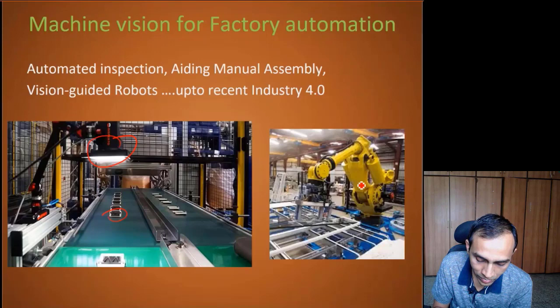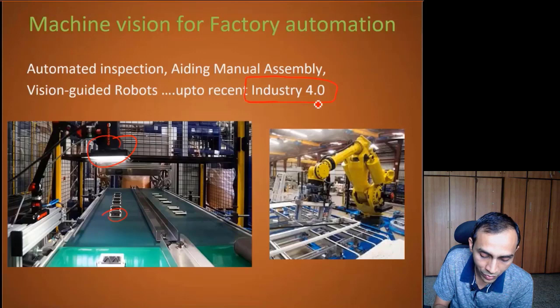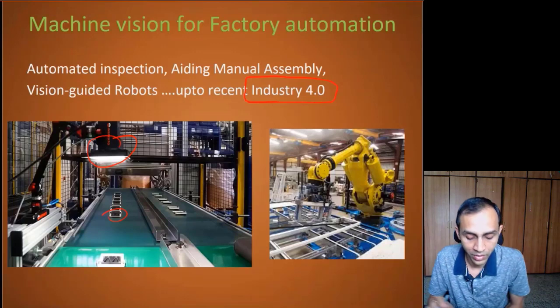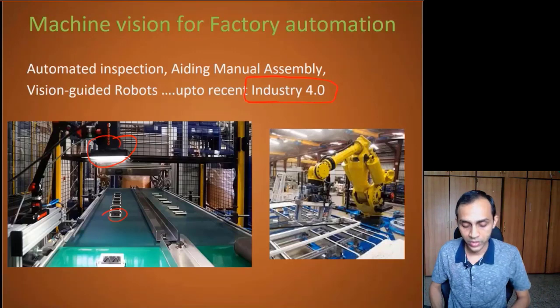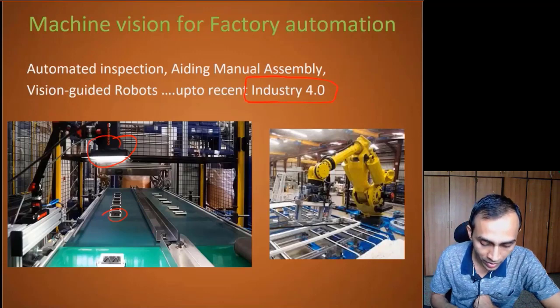And now vision is used for robots which are used for manufacturing purposes. So vision guided robots are being used, and Industry 4.0 is the most recent technology for factory automation, and this heavily relies on computer vision.